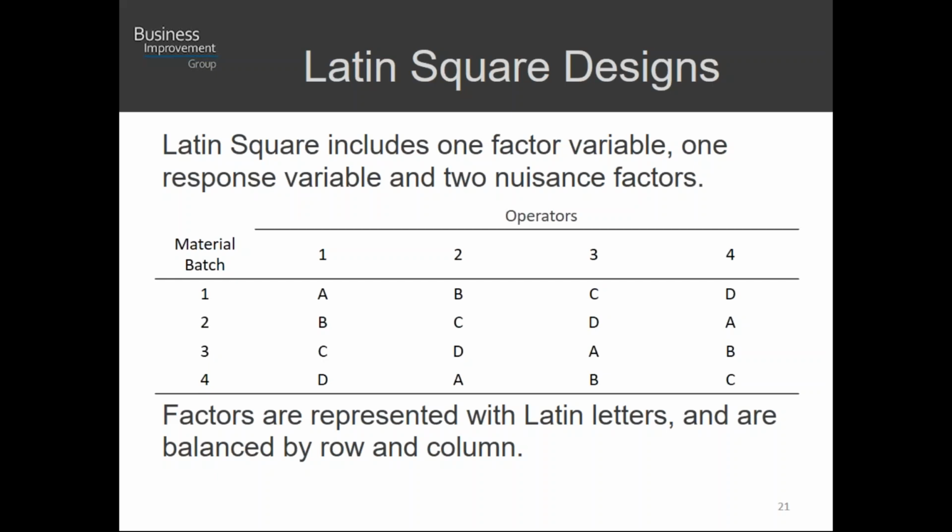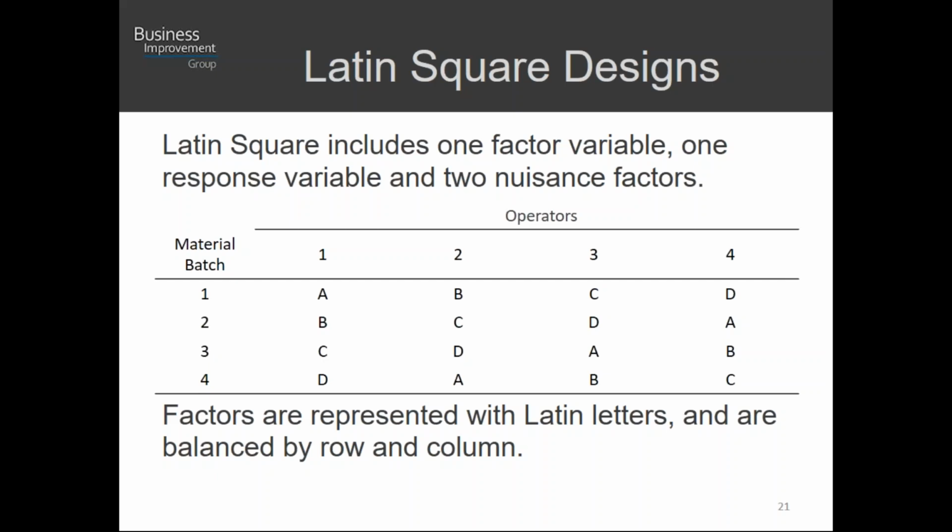And if you also look in any column, again, each treatment or each letter will be represented once and only once, okay? And that gives us balance so that we're not biasing the study one way or another, and it allows us to evenly remove the effects of the operator, the effects of the material, and only analyze the effects due to treatments A, B, C, and D.